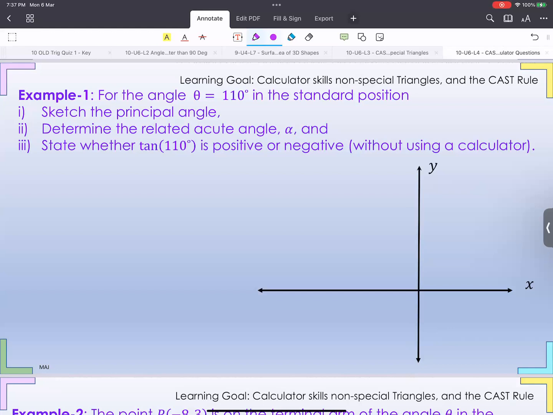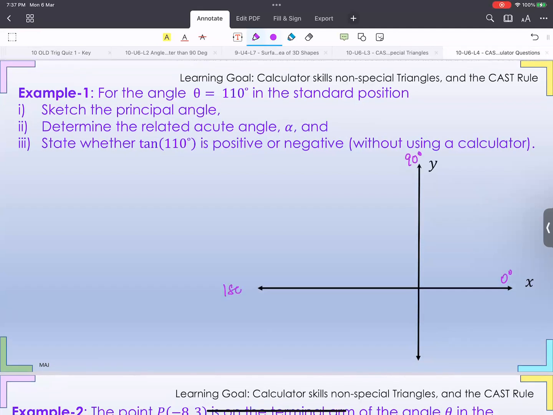We know that this is 0 degrees, that's 90 degrees, and this is 180 degrees. So 110 should be somewhere over here, okay? Again, you're not graphing to scale, you're just sketching it, okay? So that's in standard position. Start with the positive x-axis, and then you go counterclockwise. And so that is positive 110 degrees, and that is theta, okay?